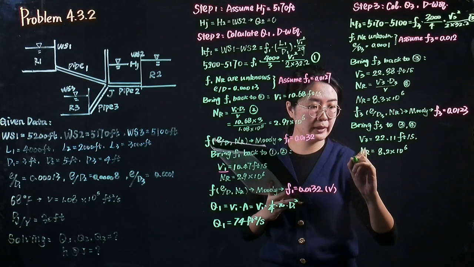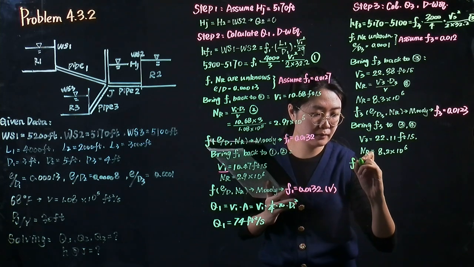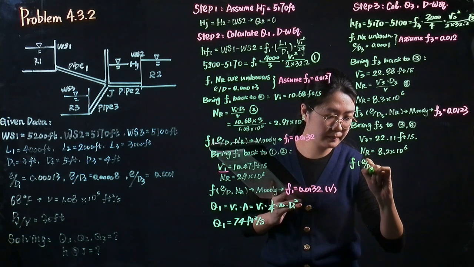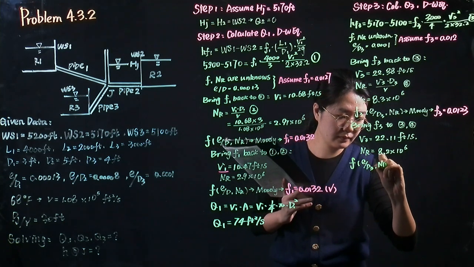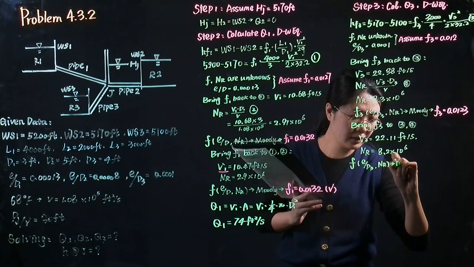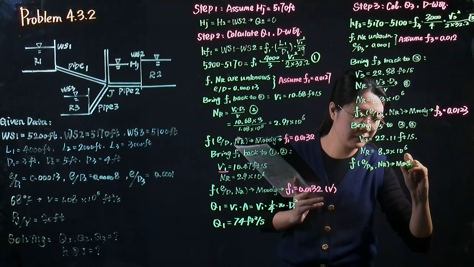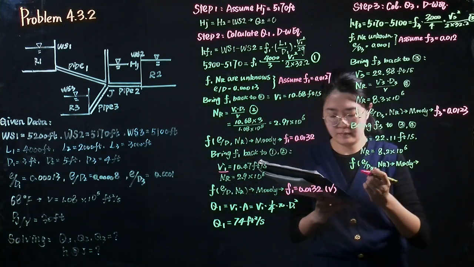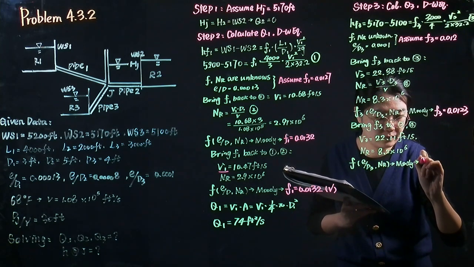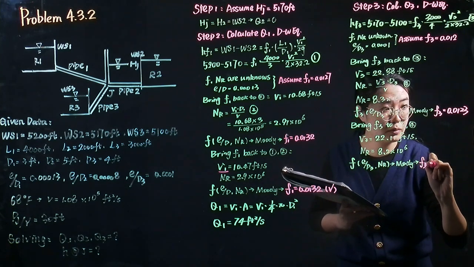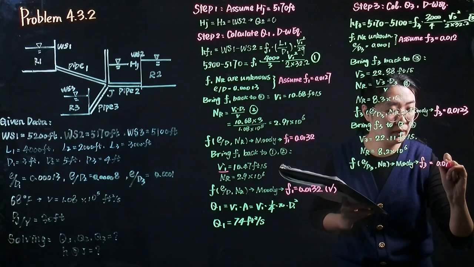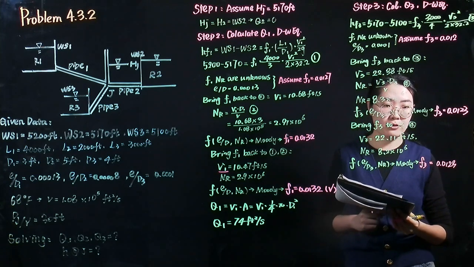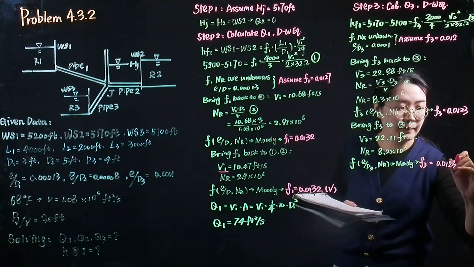And then we can read a new friction factor in the Moody diagram. It equals 0.0123. Then we can say that the friction factor converges to a stable value.